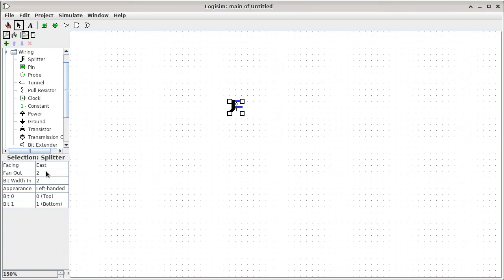Okay. The second one and the third one are a little bit more interesting and more confusing. So we'll talk about bit width first. Bit width can assume any one of these numbers, I think all the way up to 32 at least, if not more. So bit width is referring to the unsplit end. Basically, how many bits are contained within that bundle of wires. So that has to match. If you have a multi-bit pin, like an input pin or an output pin, and you want to connect the unsplit end of a splitter to a pin or to a device that has a multi-bit port, that number has to match.